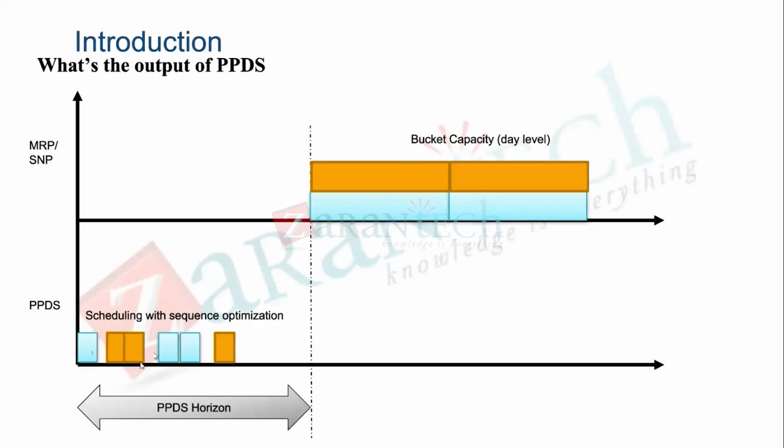In a very simplistic way, it would just do a sequencing, but it would do a sequence optimization. It means you got 2 orders to be produced, this order and this order, and you might be running it for the entire 2 weeks horizon. What rough cut planning is saying is that the orange order, blue order, orange order, blue order are repeating day after day at the same time. But this would first start producing the light blue order, then consecutively produce the orange order operations, because if you put blue, orange, you need to spend a lot of time in setup, since both belong to different products.